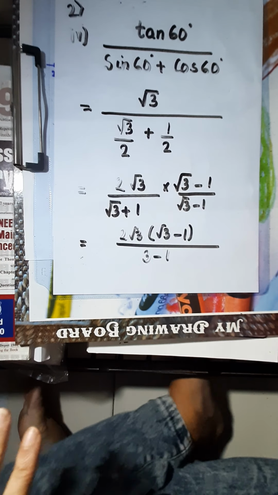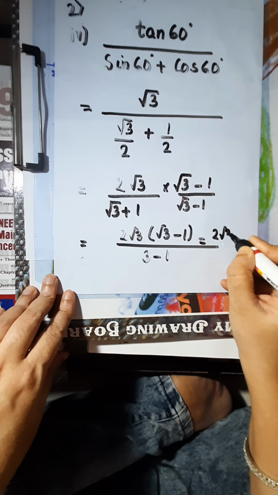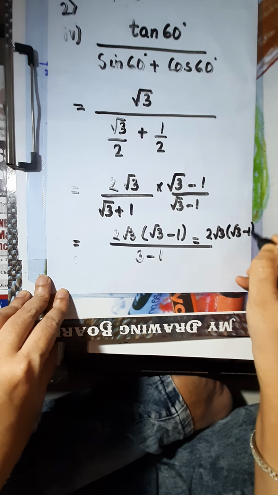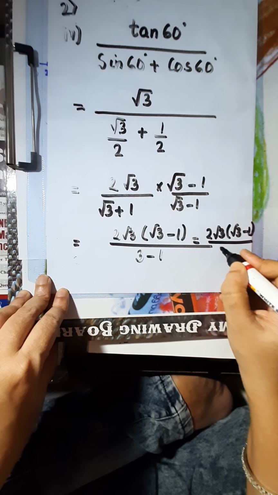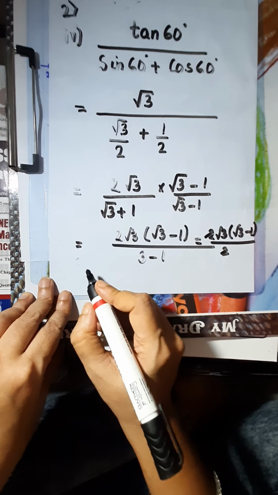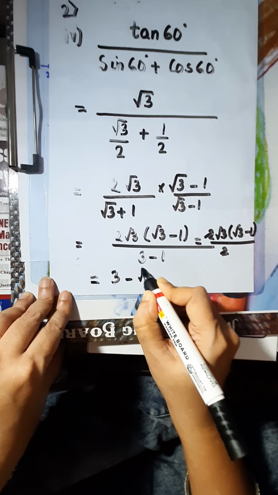Now this is equal to 2 root 3 into root 3 minus 1 upon 2. 2 cancels. Now root 3 into root 3 is 3 minus root 3.